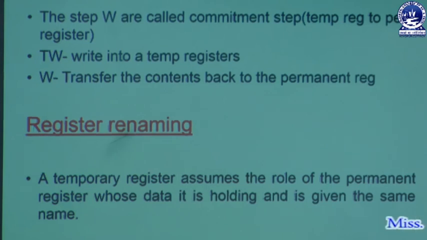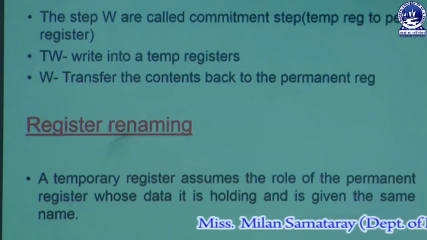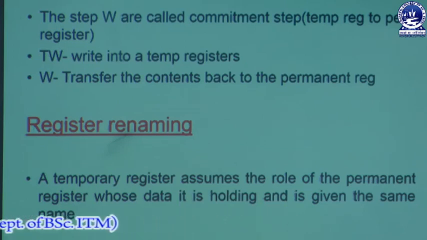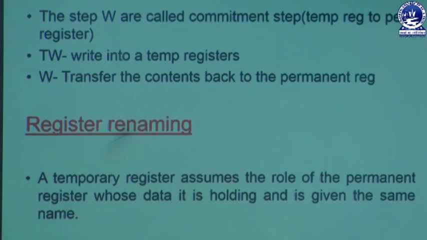Register renaming means whatever the name of the permanent register, the temporary register's name will be given the same, because if we change the name, then some conflict may arise. So, the register which acts as the temporary register is assumed to be a type of permanent register with the same name, and it holds the data for some temporary period of time.